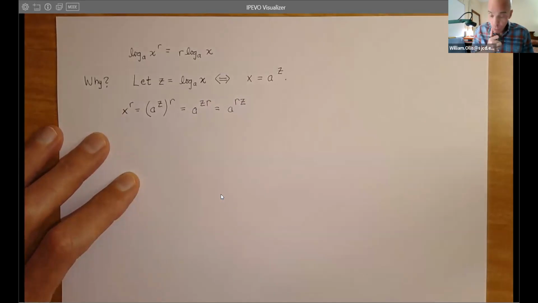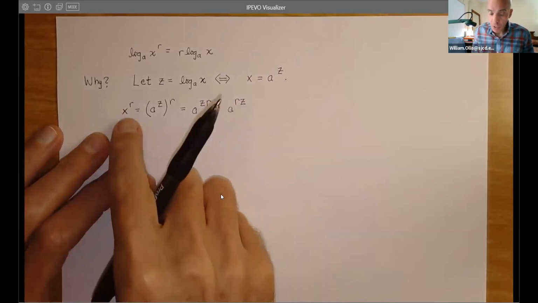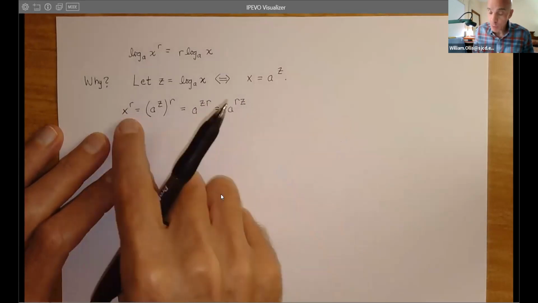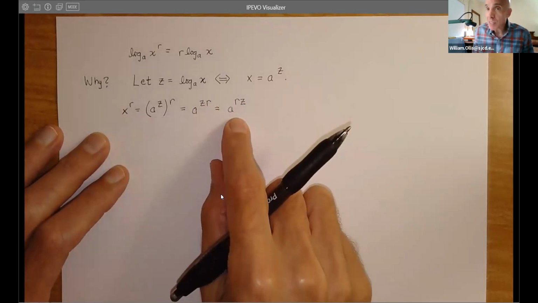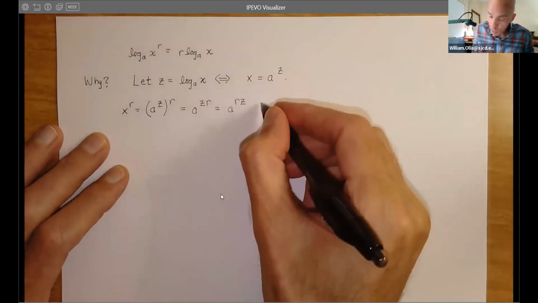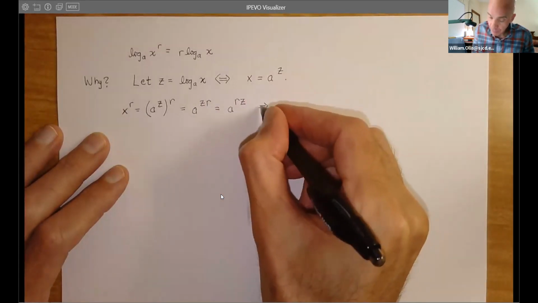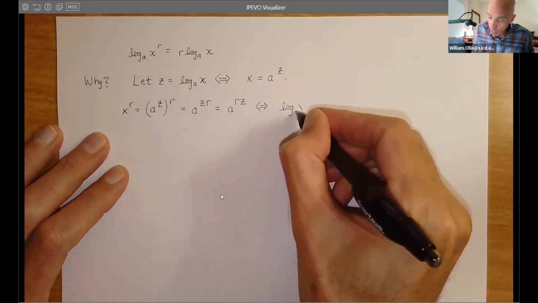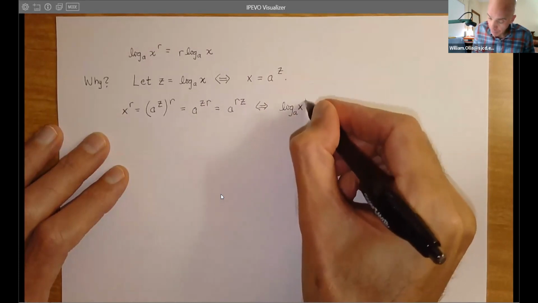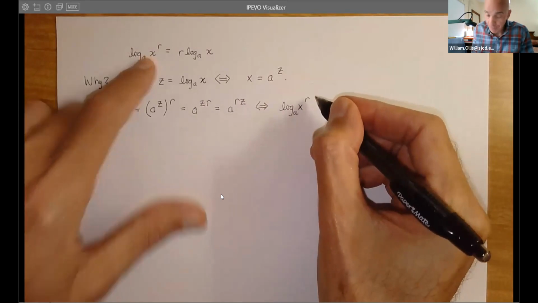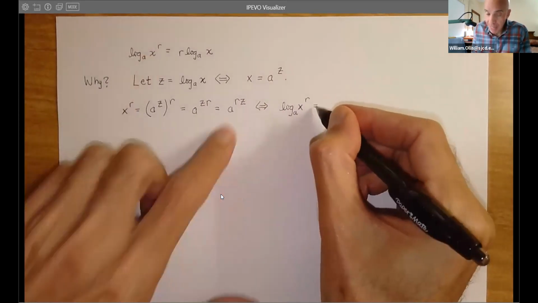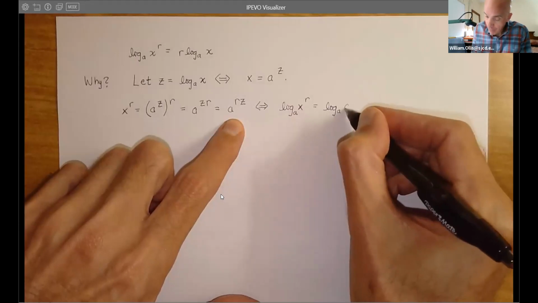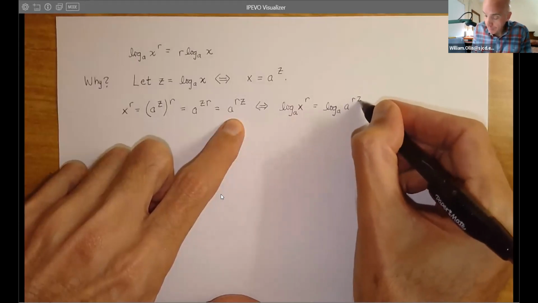Now, this is where we're in good shape, because now we basically have an exponential equation, and now we can take base A logarithms. What's the equivalent of this? Now, the base A logarithm of x to the r, which is what we want, will now be the base A logarithm of A to the rz.